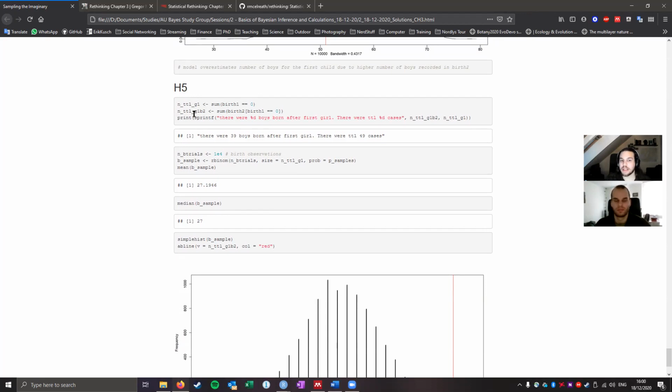So that tells me that there were 39 boys that were born after a first girl, with 49 total cases in which a girl was the firstborn. And you can already see there's a huge disparity here.